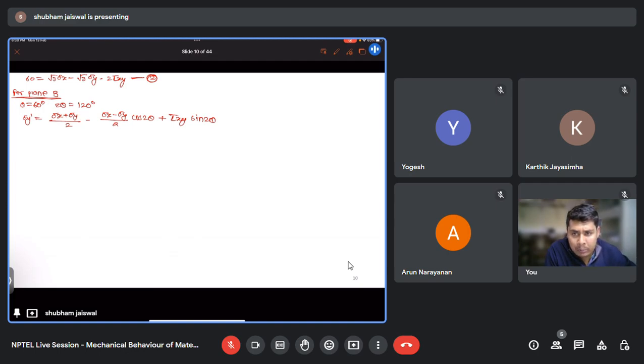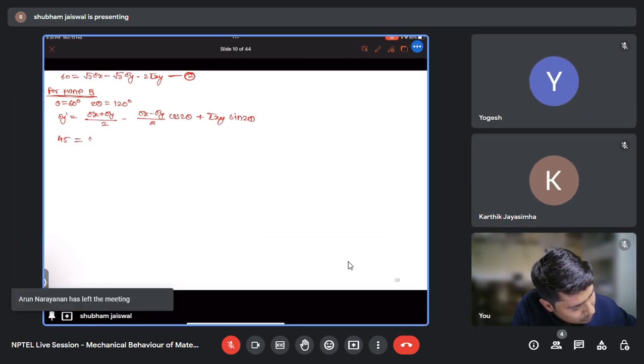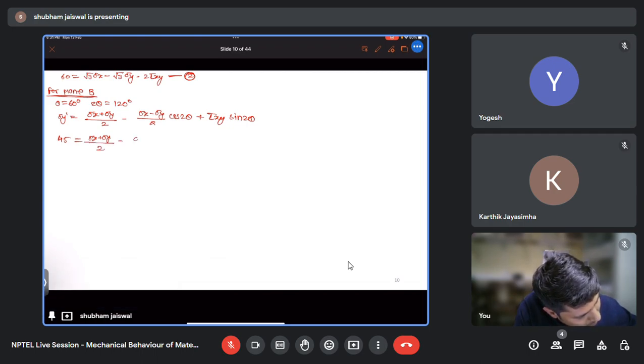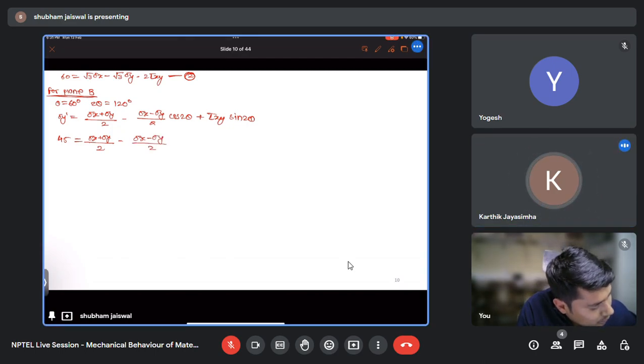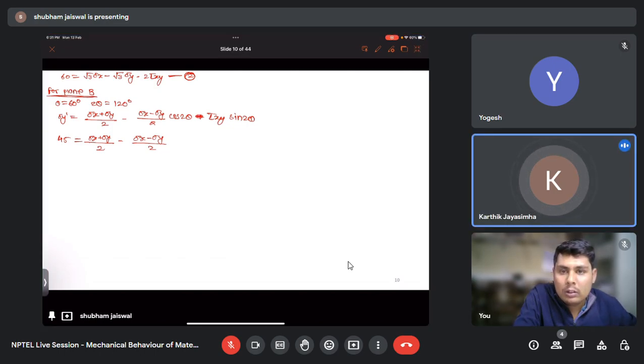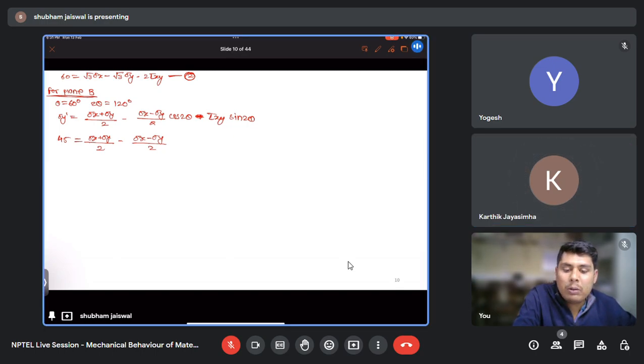For plane B, sigma y prime is given as 45, which is equal to (sigma x plus sigma y) by 2 minus (sigma x minus sigma y) by 2, cos 120 is minus 1 by 2, minus tau xy, sin 120 is also root 3 by 2.